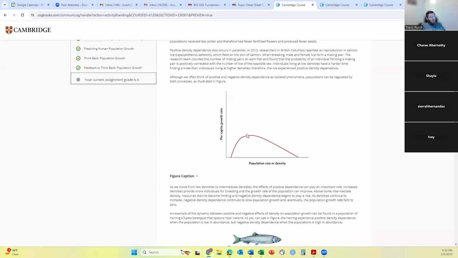When the resources start to become limited and competition increases, we're going to get a switch to a negative density dependence. And eventually, if the population gets too large, the growth rate's going to drop potentially to zero and maybe even go negative. We might have a decline in the population if they can't sustain themselves.